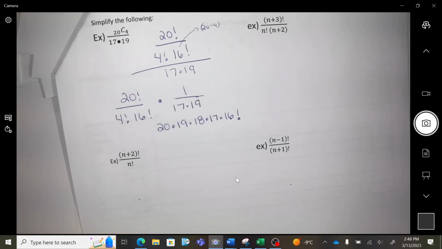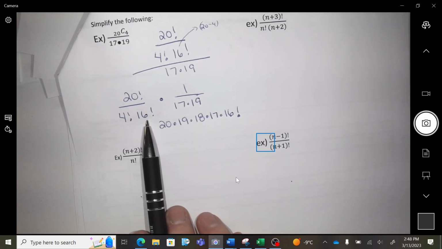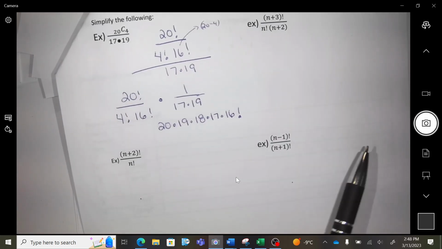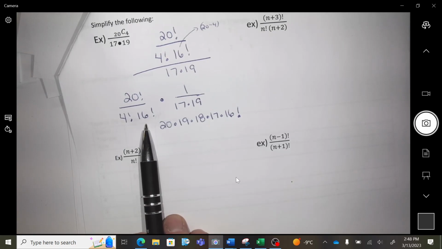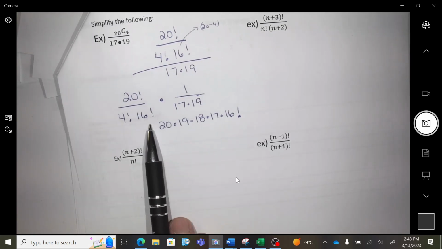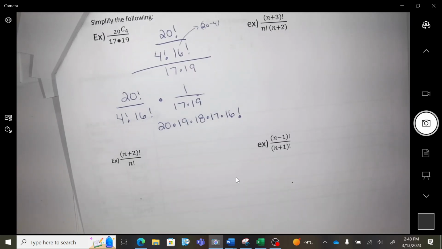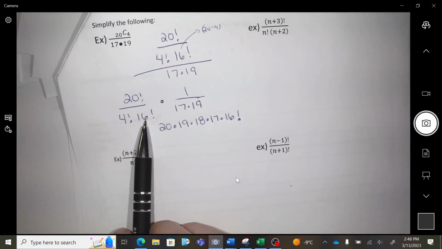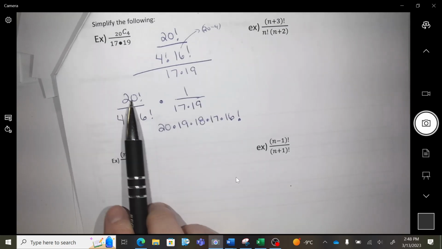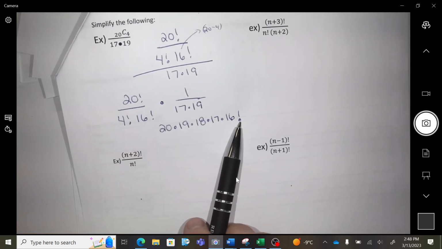Do you know why I stopped there? Because I'm looking ahead to this one, and 16, 15, 14 is all going to cancel with that 16 factorial. Won't that 16 be gone also? Won't that what? The 16 from the 20? Yeah. Yes, it will be gone.